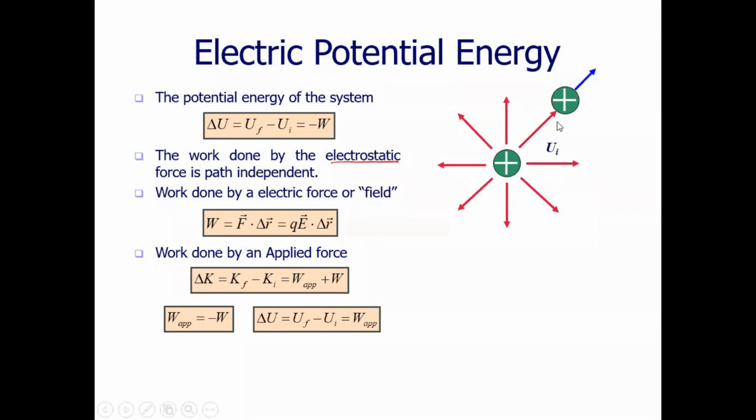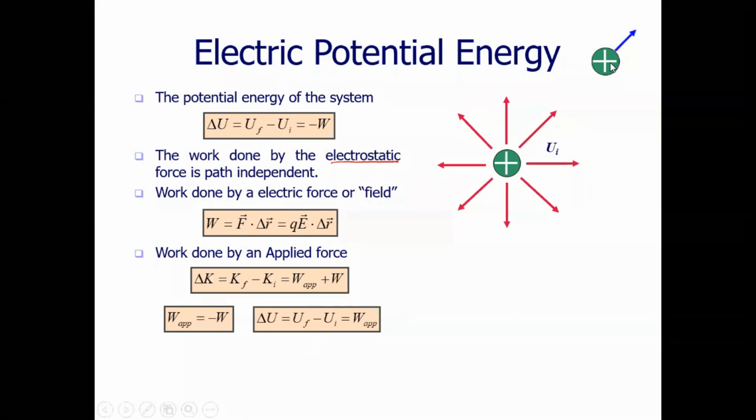So when you place another charge in the electric field of the first charge, then you expect a force. This blue line here represents a force. So you expect a force to act on it, and when the force acts, it is going to displace the second particle by a certain displacement.